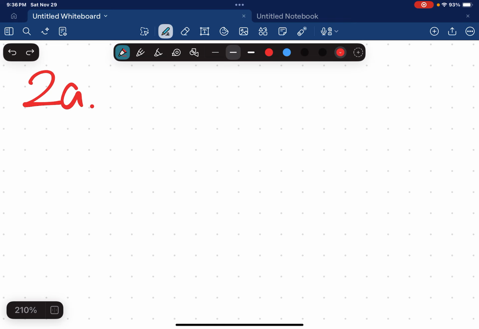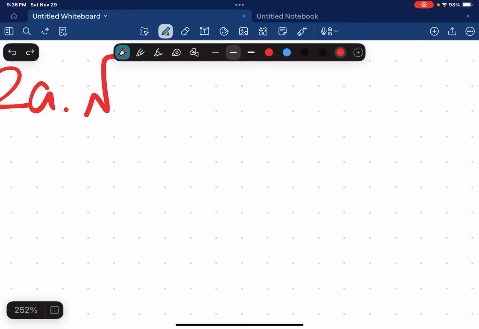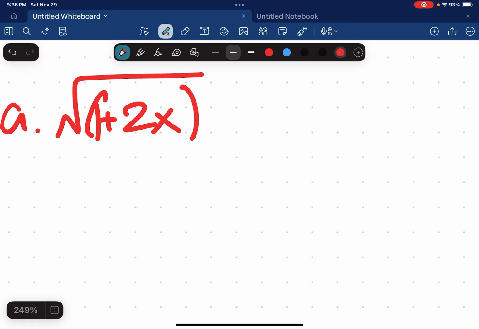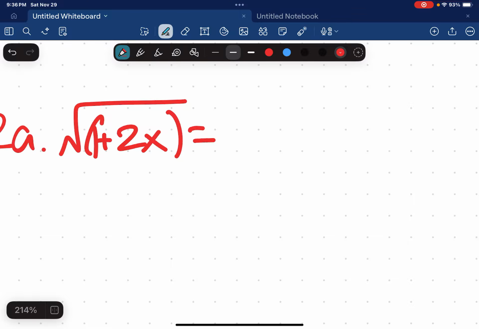Alright. 2 is asking us to find the first 4 terms in each of the expansions where the absolute value of x is less than 1/10. That's fine. Let's go ahead and get started. It first gets us 1 plus 2x, I didn't put a 1 in there. And we all know this is just going to be equal to 1 plus 2x to the 1/2.